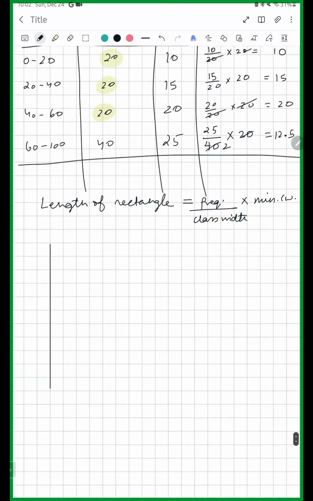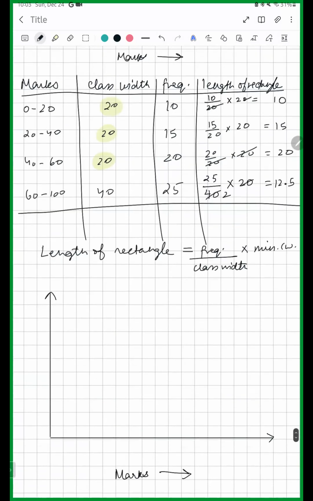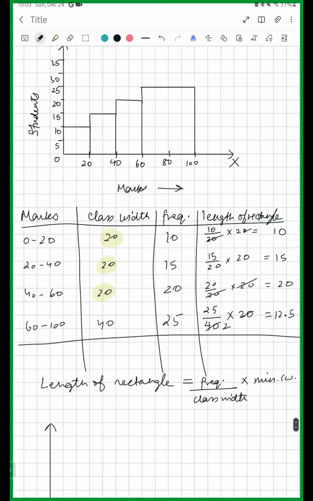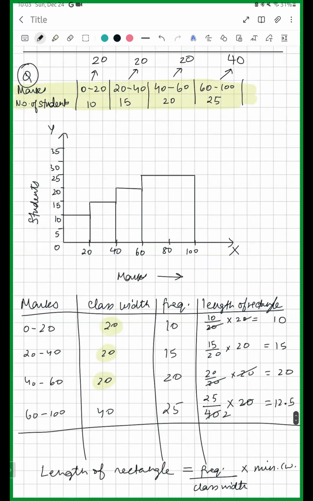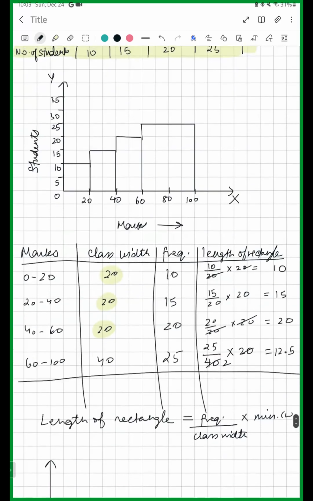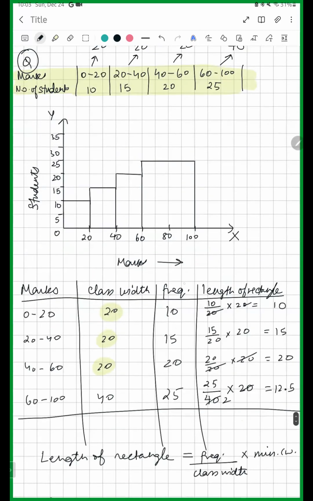The marks, they will again go on the x-axis. And on the y-axis, we will say number of students, because the frequency was actually number of students, right?